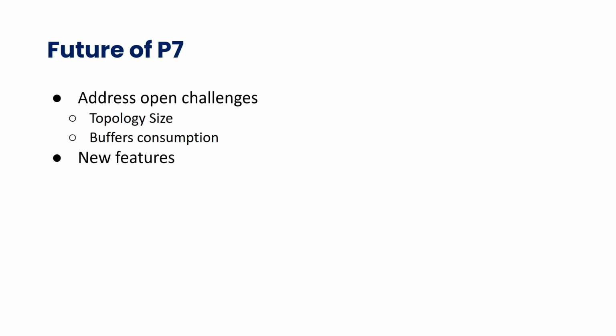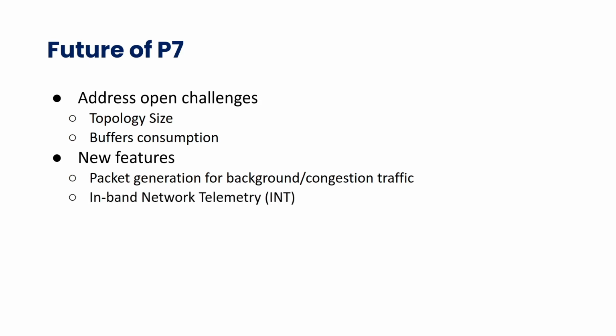We will add new features, like packet generation for background congestion traffic using the internal Tofino capabilities to generate traffic, and in-band network telemetry capabilities to be able to see how the buffers and queues are internally in each of the switches along the topology.